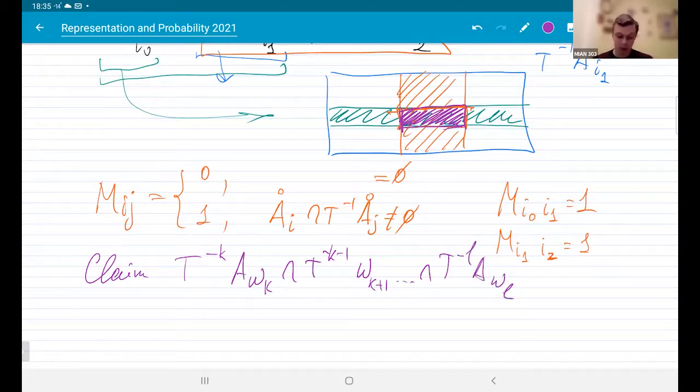Well, let us consider now the intersection of several consecutive terms. Then I again say that this intersection is a rectangle.